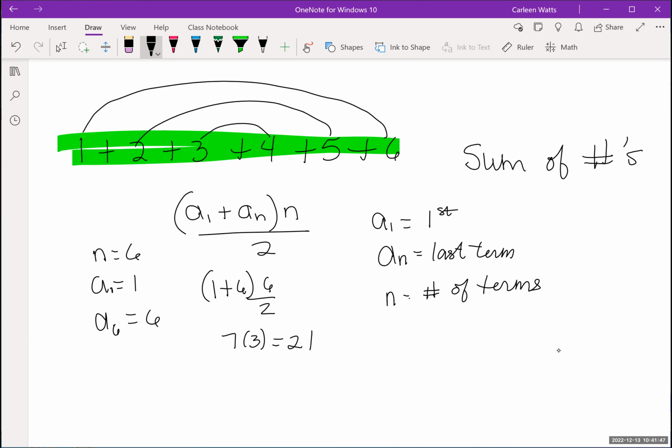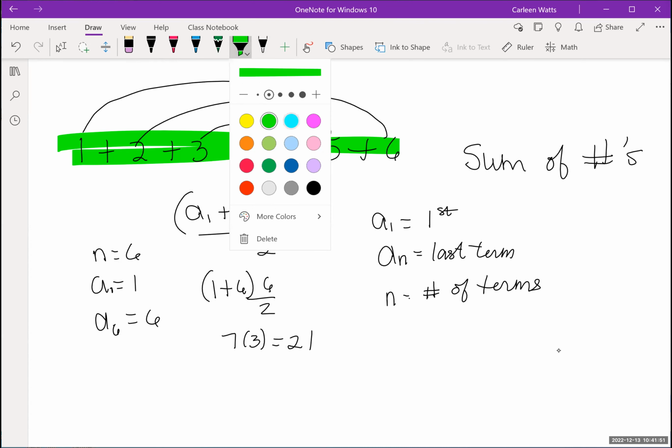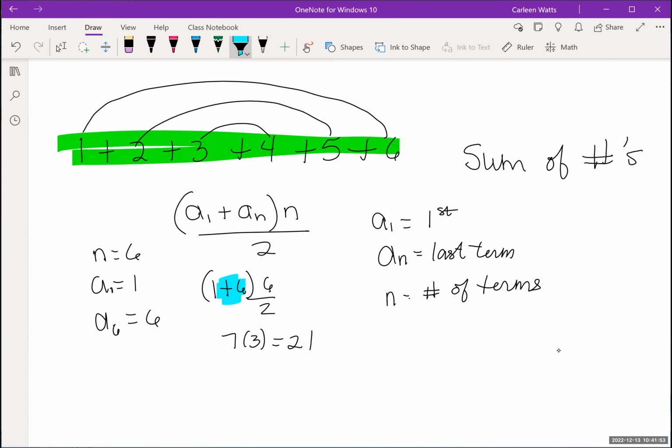Okay, so look what I just did. 1 plus 6. See this right here, 1 plus 6? Can you see 1 plus 6 right there? Okay, this feels awkward. You're going to like this formula. You can either call it Gauss's formula for the sum of a series or rainbow formula. Can you see it in all of these pairs?